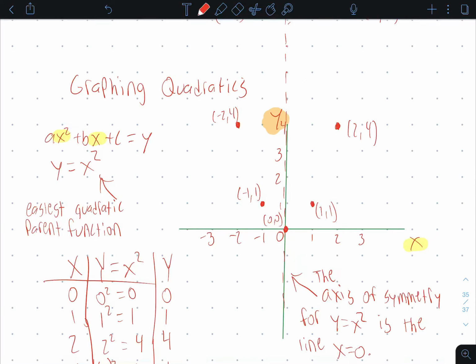It's a vertical line through the origin, and if this mirror line's going through the origin, then it's a vertical line, and x equals 0 is that vertical line. So that's called the axis of symmetry.